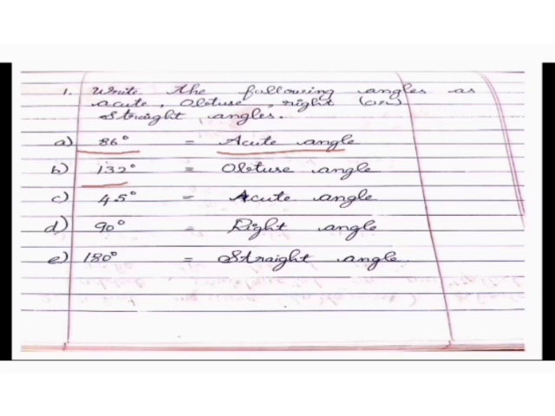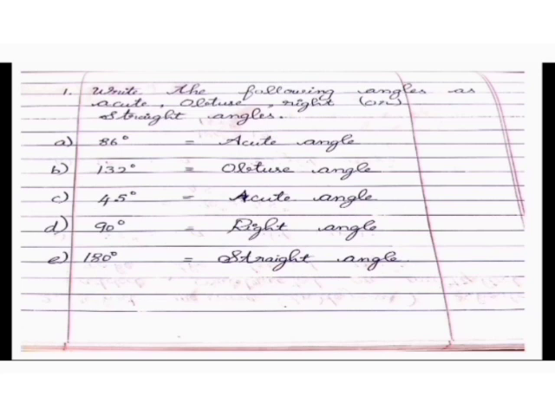It is more than 90 degree but less than 180 degree, so it is called an obtuse angle. And the next one, 45 degree: more than 0 degree and less than 90 degree is called an acute angle. And the next one, 90 degree is called a right angle. And 180 degree is called a straight angle.